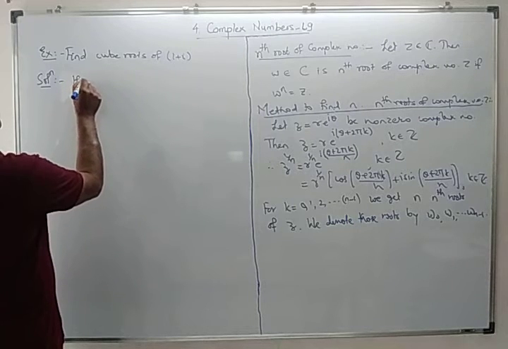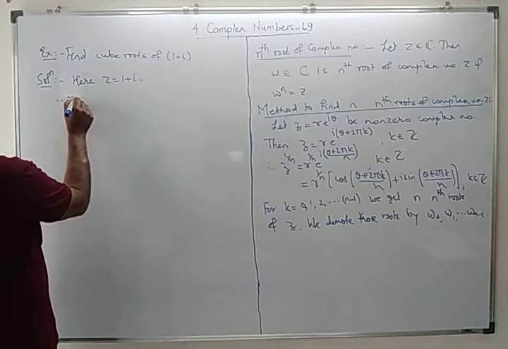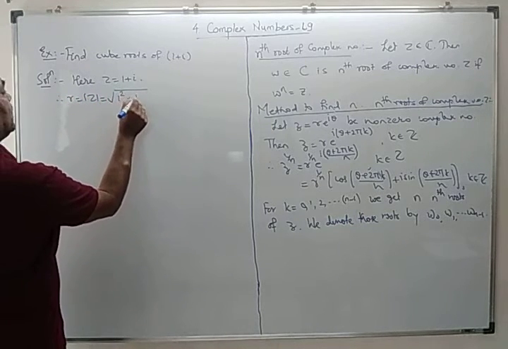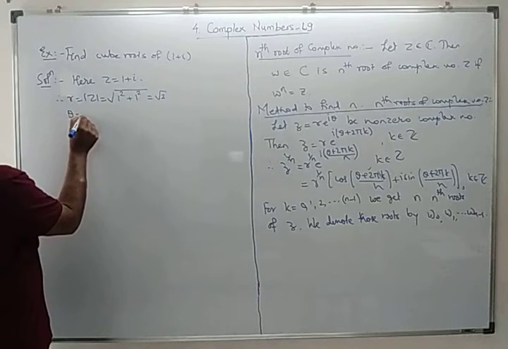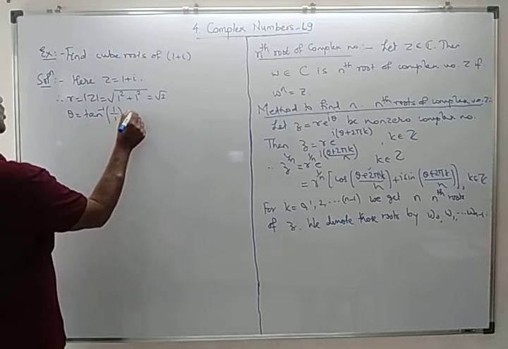Here z is equal to 1 plus i. Therefore, r equal to mod z is equal to under root of 1 square plus 1 square, which is root 2. Theta is equal to tan inverse of 1 by 1, which is pi by 4.